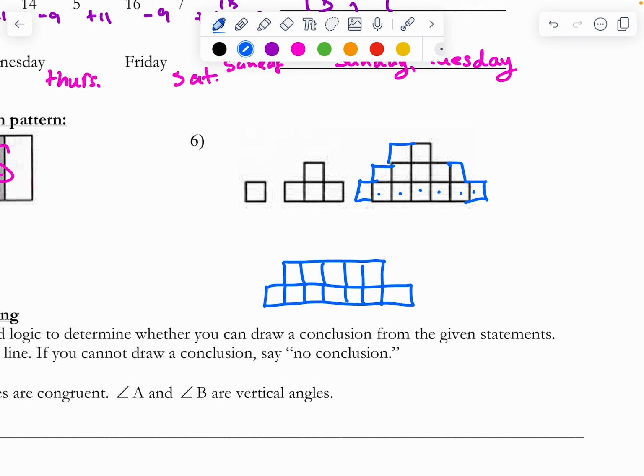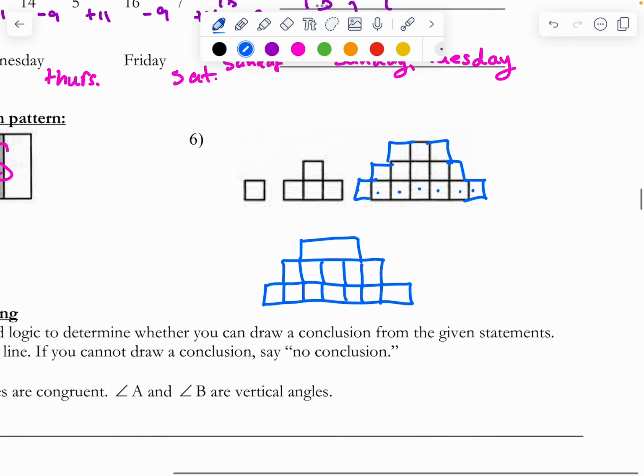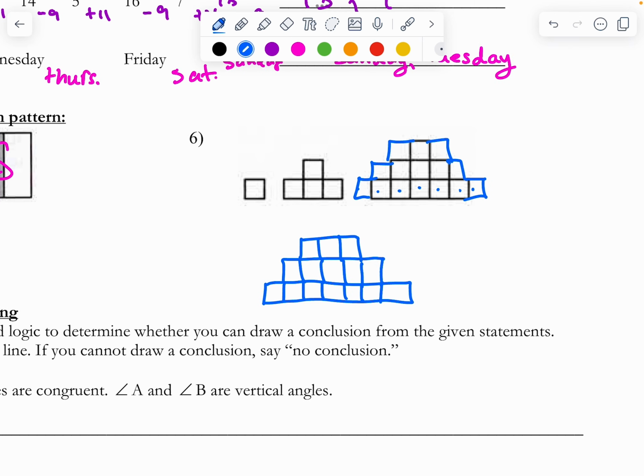And then there should be plus 2 on top here. So now we're adding 2 more, so we should have 3 here. And then finally, we're just adding 1 more on top here, right in the center. And that's what our next and final term should look like. Cool.